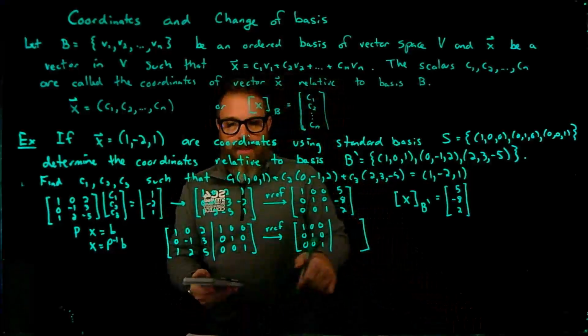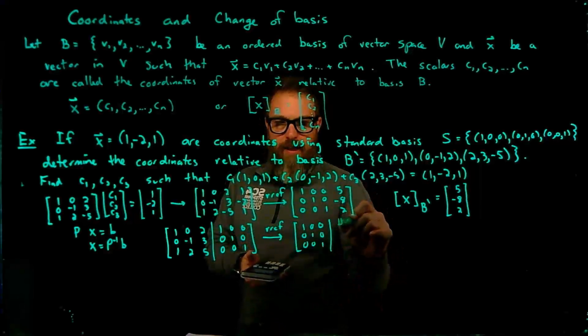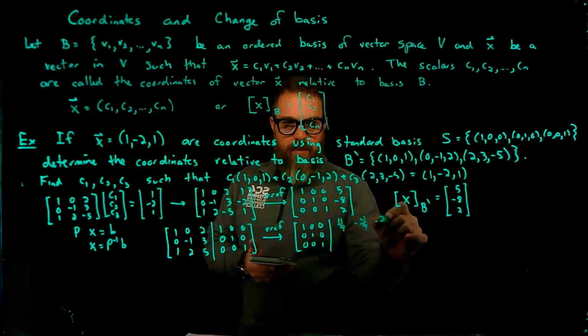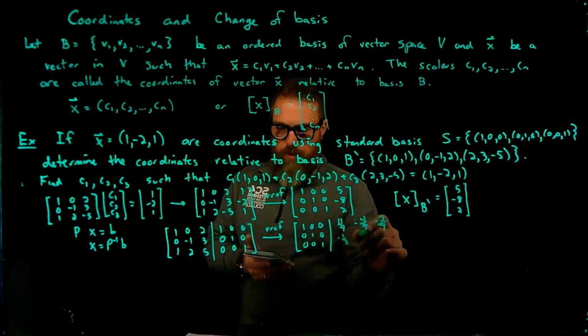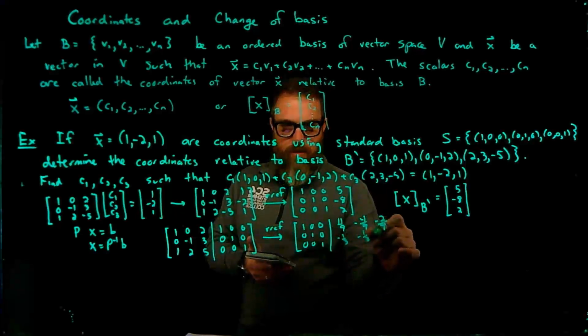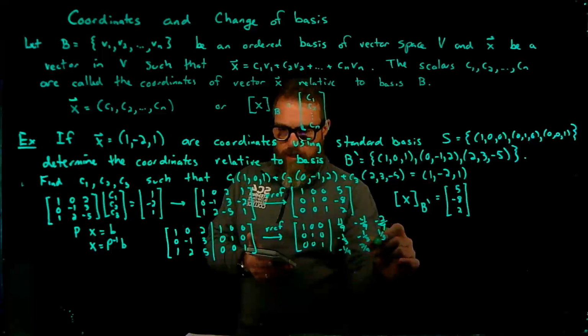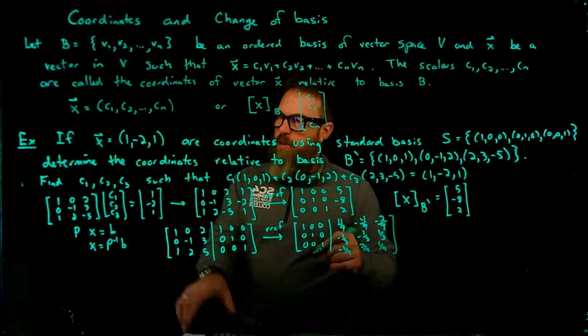So when we get back, let's make this a little bigger. We have 11/9, negative 4/9, negative 2/9, negative 1/3, negative 1/3, 1/3, and then the last row is going to be negative 1/9, 2/9, and then finally 1/9, which is going to be this matrix, P inverse.